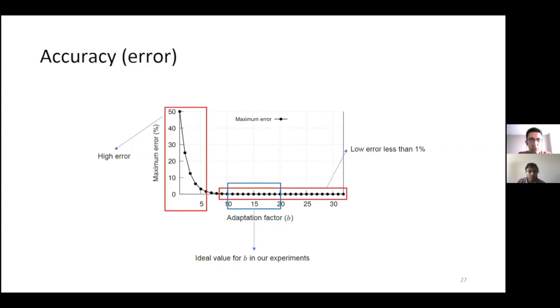We also noticed that the ideal value for b, in our experiment, is around 10 to 20. And which of these numbers you should use depends on the available memory, the available TCAM in your system.